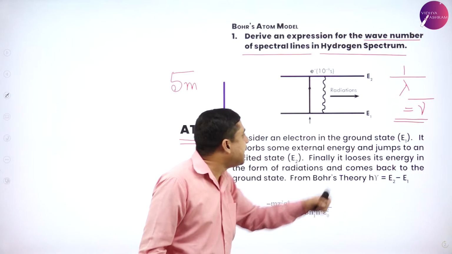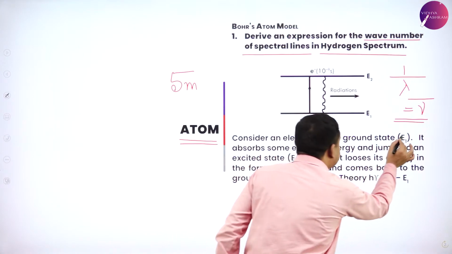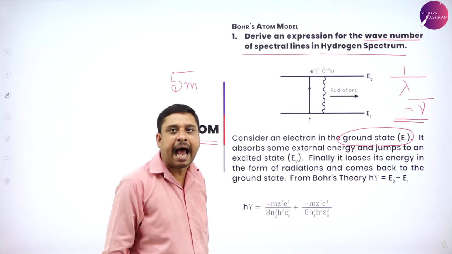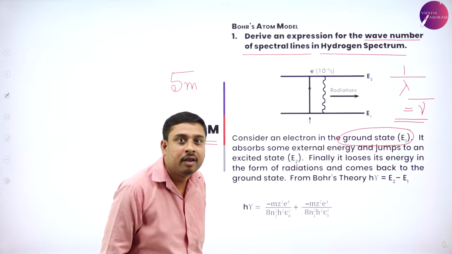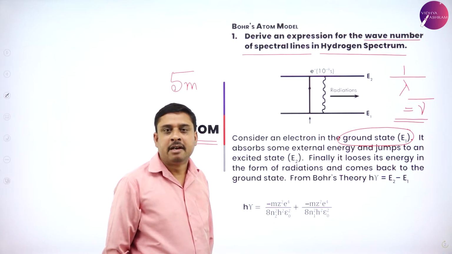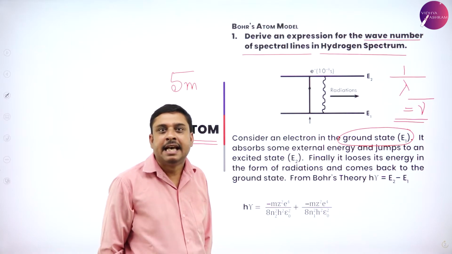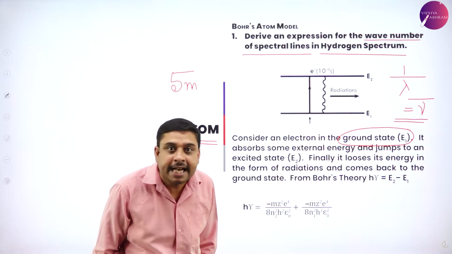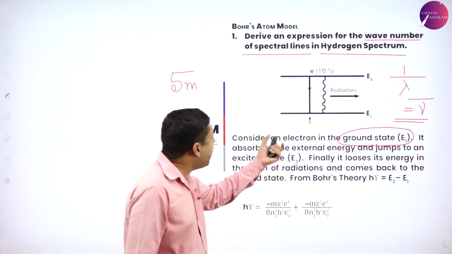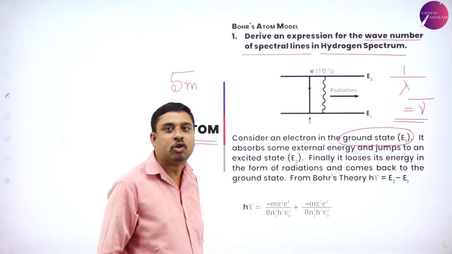So here I will be deriving an expression for wave number. I will consider an electron which is in the ground state, what I call E1, of the hydrogen spectrum. I supply some external energy to this electron.